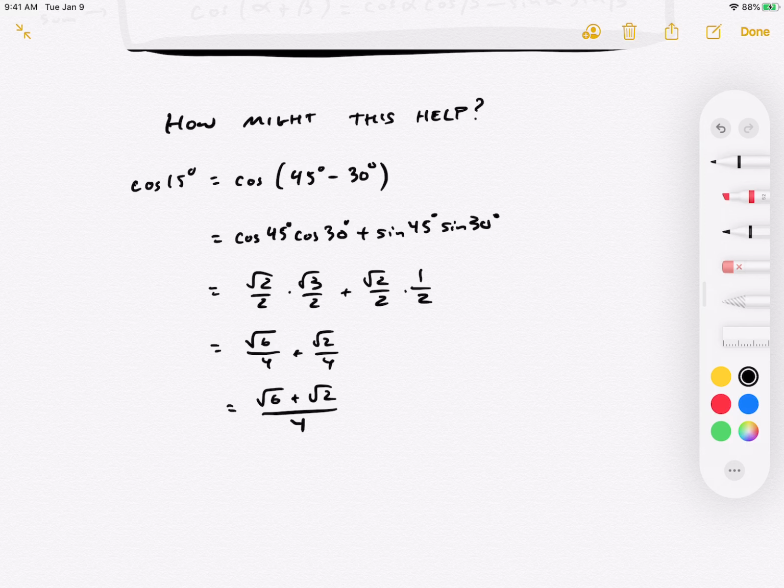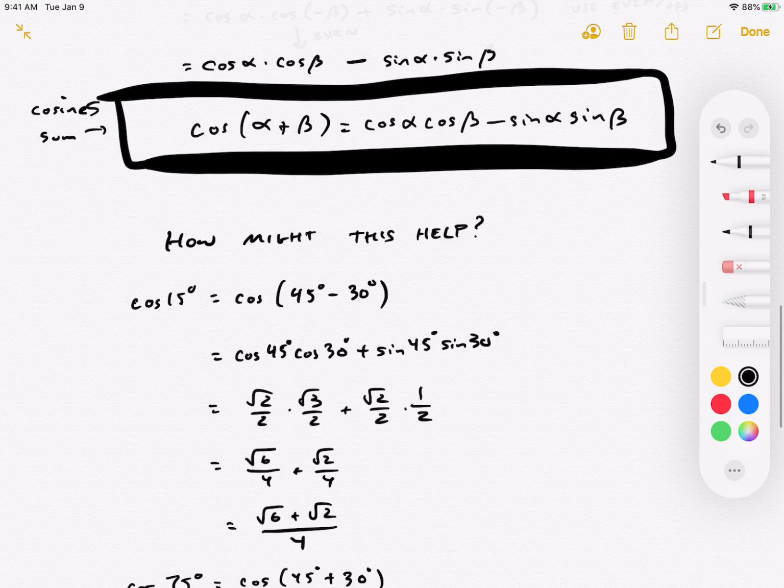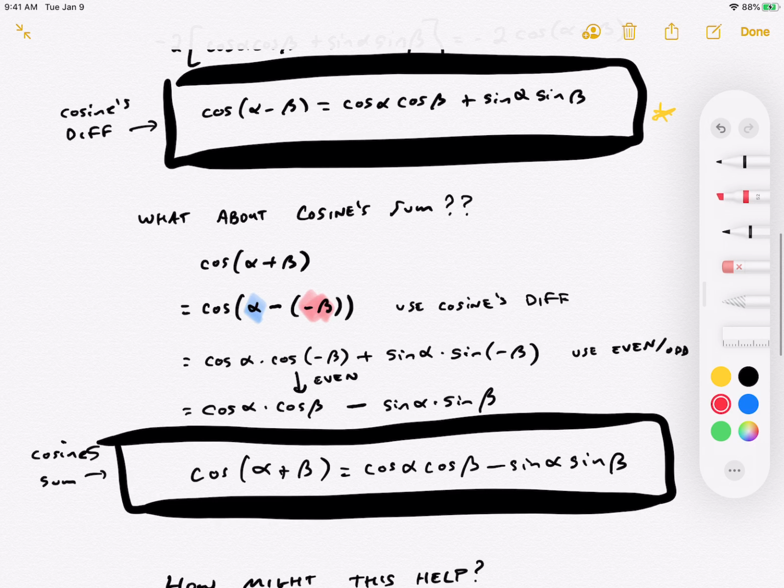Yeah, that's wonderful. What else? If I wanted to show how you could use the cosine sum identity, we could work out maybe cosine of 75 degrees. And you could see that that could be written as cosine of 45 plus 30. That's a nice way to get 75. And if I follow the prescription from cosine sum, if it wasn't clear already, I just thought I should point out an interesting feature: cosine's difference has a plus and cosine sum has a minus.